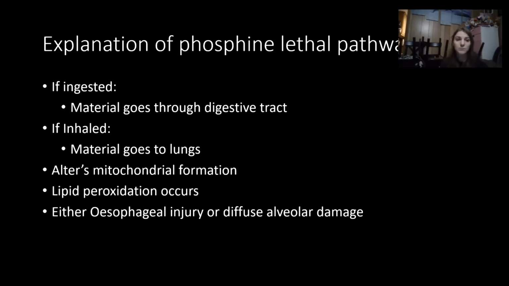Now, if it's been ingested, it will go through esophageal injury, which causes gastrointestinal ulcers and hemorrhages to appear, and it will also lead to renal and hepatic failure. And if it's inhaled, it will lead to diffuse alveolar damage, which will have acute respiratory distress syndrome, alveolar edema, and hemorrhages appear. And it will be followed by ischemic stroke and tracheoesophageal fistula.